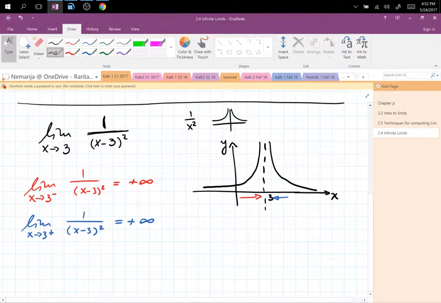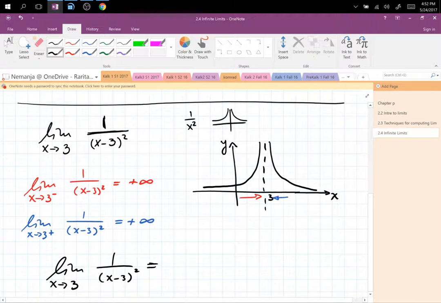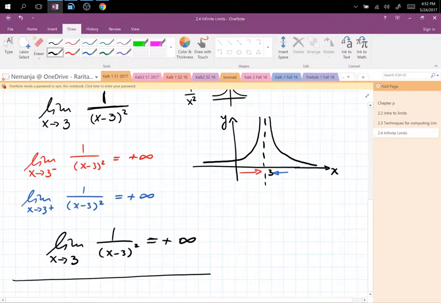And then by the theorem that we studied last class, if both approach from the left and approach from the right give you the same answer, the answer for the overall limit, x approaches 3 from both sides simultaneously, would give you, in this case, positive infinity as the answer. And that's the end of the problem.